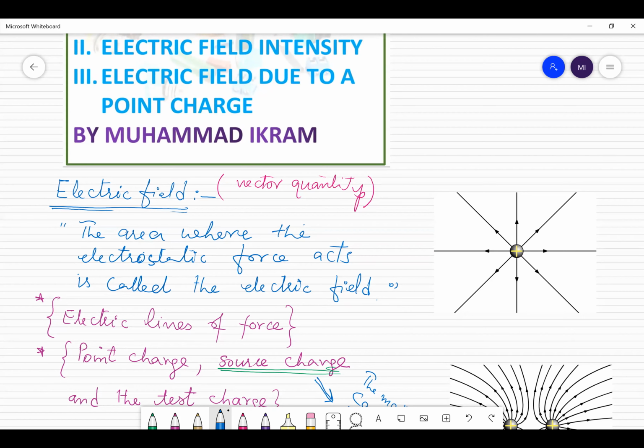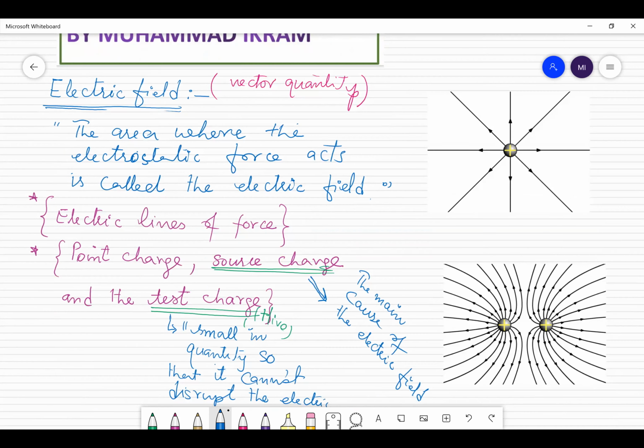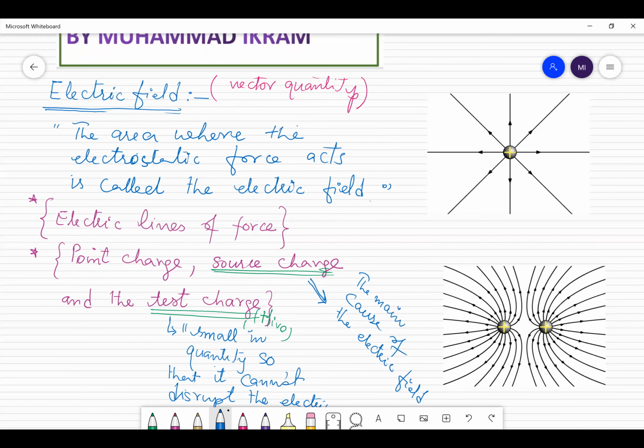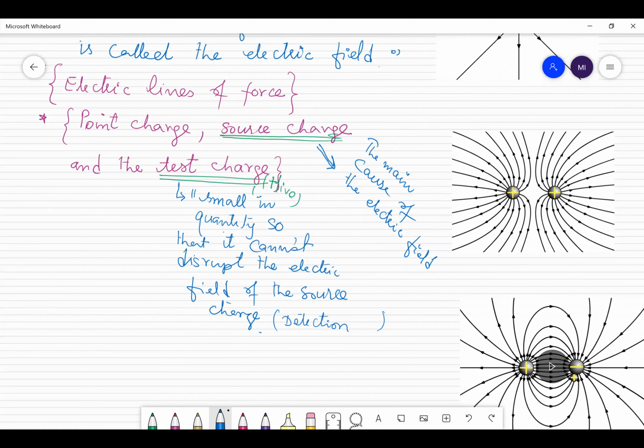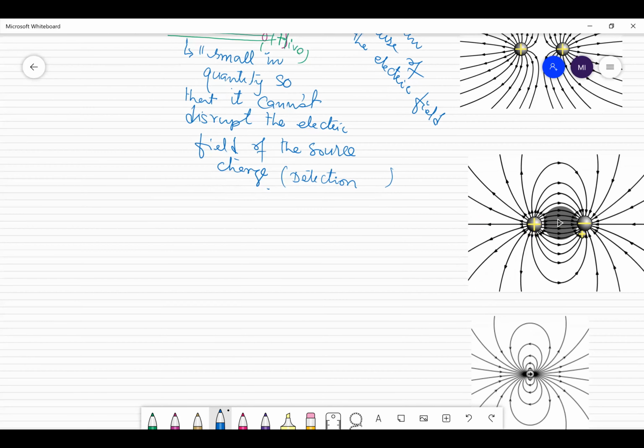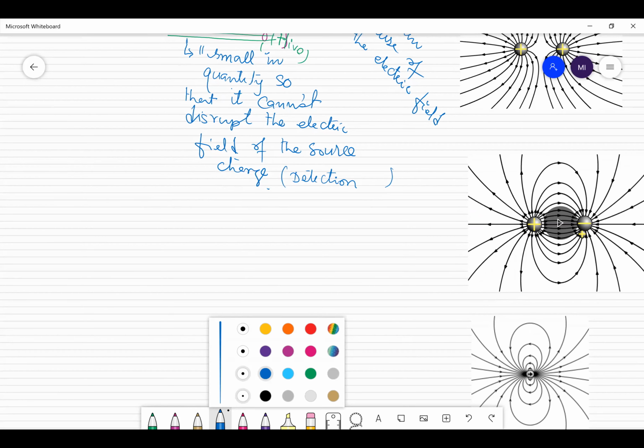Now, the electric field can be described geometrically by electric lines of force. What are the electric lines of force?